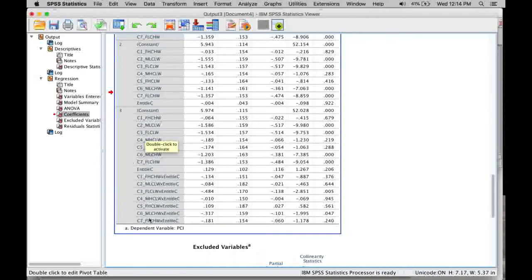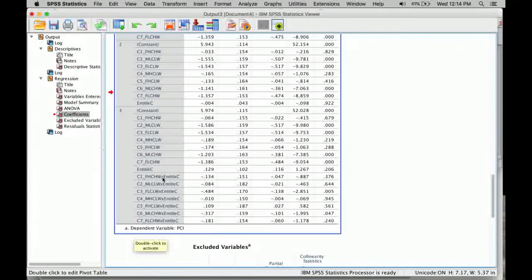So compared to the reference group, males, low competence, high warmth, their PCI score went down by 1.203. And similar for females, low competence, high warmth, their PCI score went down 1.386 compared to the males, high competence, high warmth.